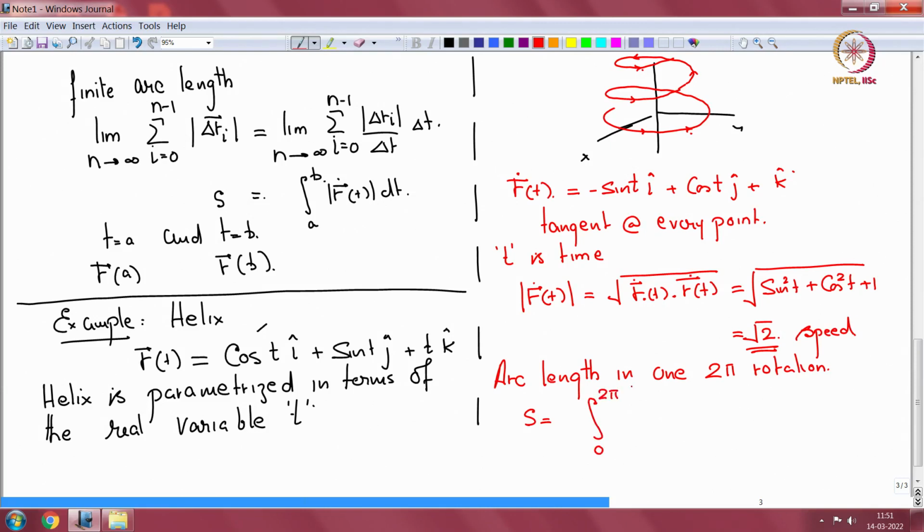See, t is time, t is also the angle actually. Okay, so that is equal to integral of magnitude of r dot of t dt, which is equal to integral 0 to twice pi root 2 dt, which is equal to 2 root 2 pi.